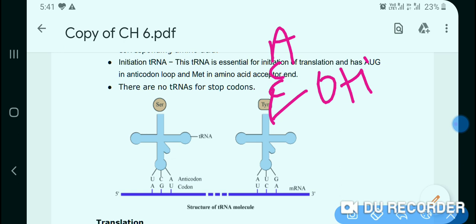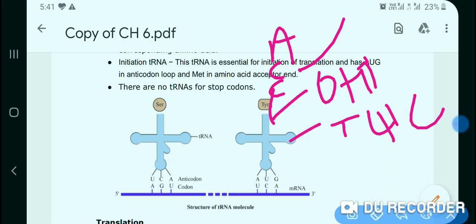When amino acids are carried here, they are attached to this end. The second arm is known as the T arm, sometimes known as the T psi C arm. Here one abnormal nitrogenous base, pseudouridine, is present, therefore there is no hydrogen bonding.